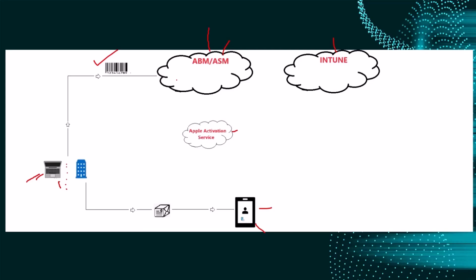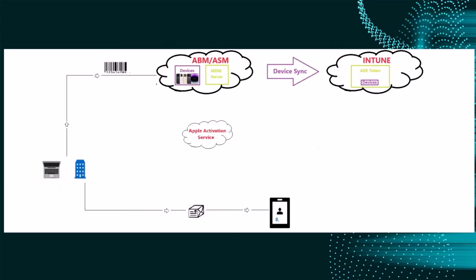Okay. All right. So now you see that the devices are present over here. Don't look at anything else right now, just look at this block. Inside ABM or ASM, you see this block which contains the devices. These are the devices which were purchased by the admin, and the admin uploaded the serial number of all these devices to ABM or ASM.